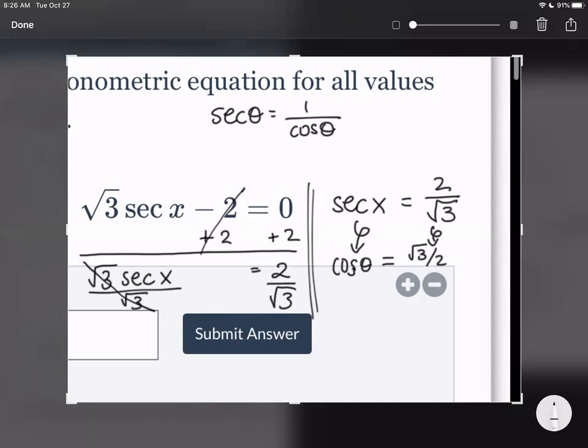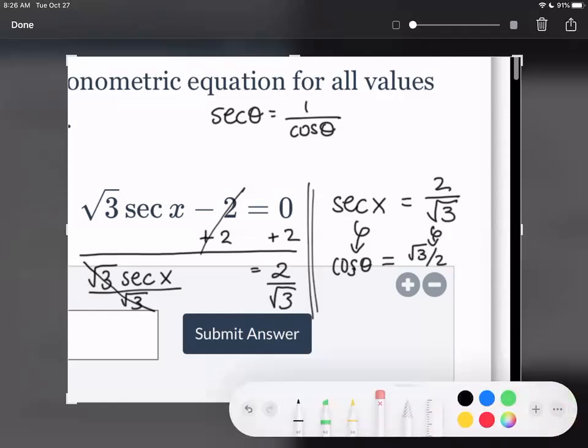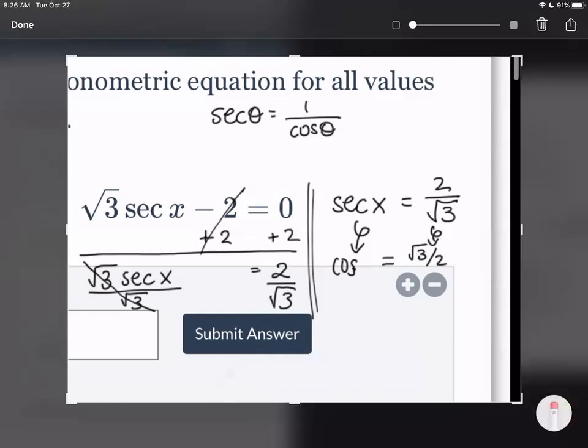So all I did here was I flipped the secant to get cosine, because they are reciprocals, and then I flipped the 2 over radical 3 to get radical 3 over 2. Any questions over here? I do realize I wrote a theta next to cosine. Technically, it was an x, so I'm going to fix that. Okay, so yeah, cosine of x is equal to radical 3 over 2.